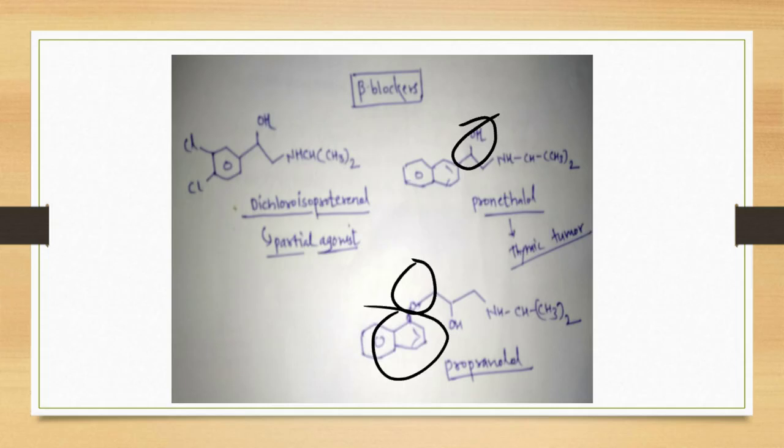The nature of this aromatic ring also determines its beta 1 selectivity. So the aromatic group is responsible for the pharmacokinetic property, and along with that, it is also responsible for beta 1 selectivity.